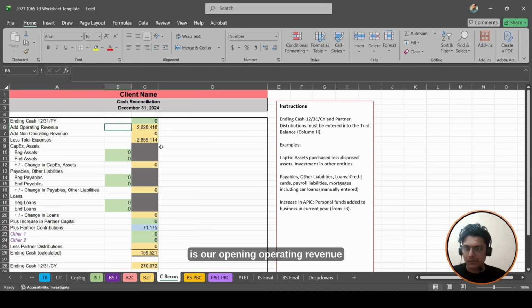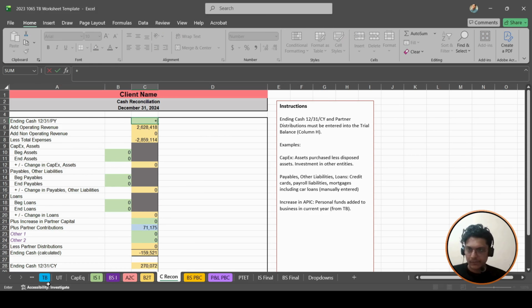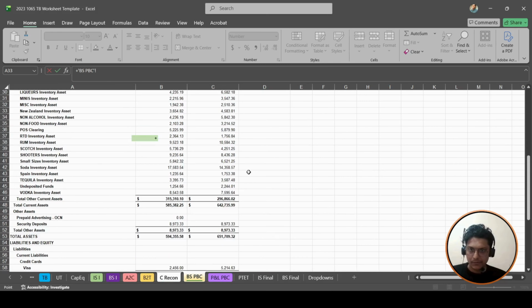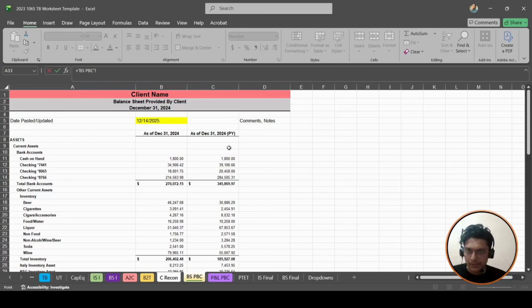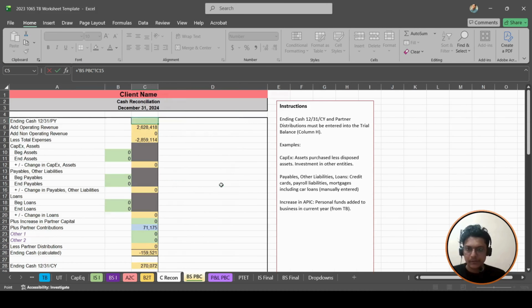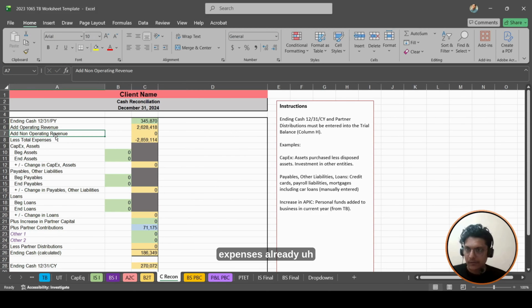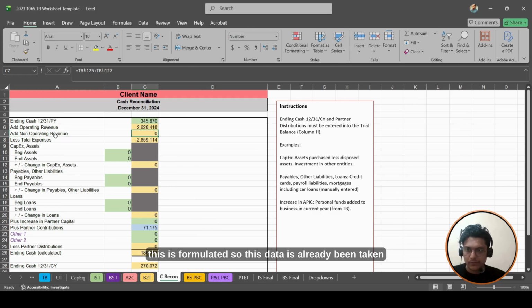This is our operating revenue. This is our ending cash of previous year. Directly we can take it from this. Total expense is already formulated, so this data is already taken from the trial balance.